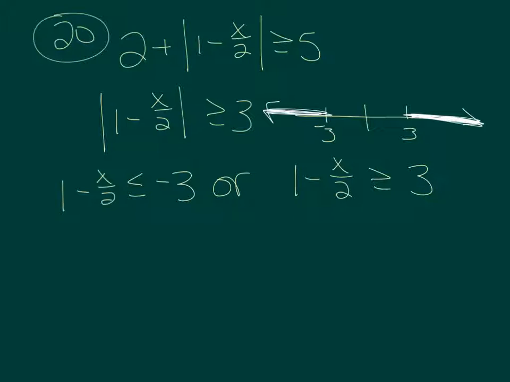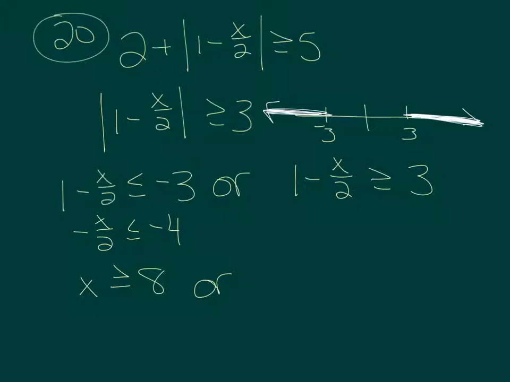Now we're going to solve these two inequalities. Subtract 1 from both sides, I get negative 4. Now I'm going to multiply both sides by negative 2. Remember, when you multiply or divide both sides of an inequality by a negative, you reverse the inequality, and negative 2 times negative 4 is positive 8.